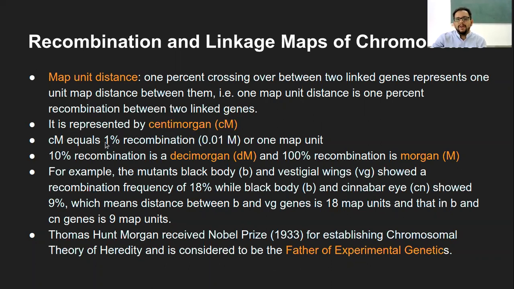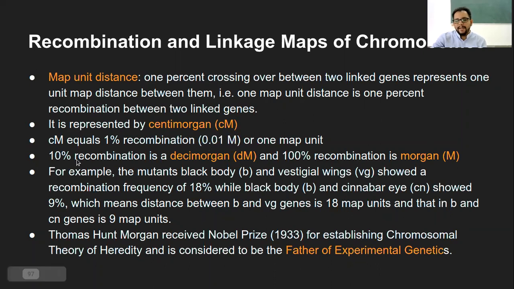So centimorgan equals 1% recombination, or it also equals 0.01 Morgan, or 1 map unit. These are all the same. If centi refers to 100, it is 1/100th of the Morgan, which is Morgan, not centimeter, and 0.01 Morgan, which is the same.